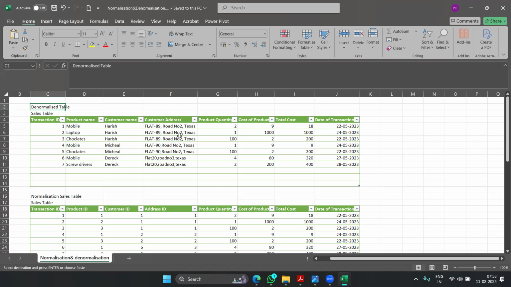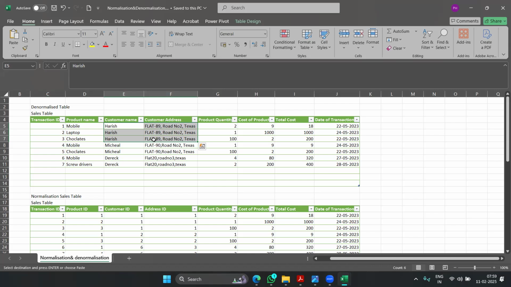First of all, let's see what the advantage is. The advantage is whenever a customer comes and asks for particular details, we can retrieve the data very fast. But the disadvantage is that we, as an organization, are going to store repeated or redundant information.